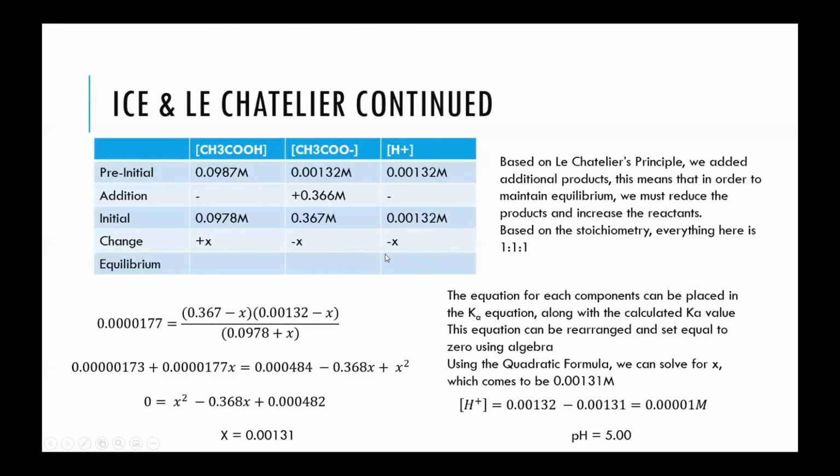Typically, only one of them would work because you're subtracting a value from this low concentration of H+, and if the x value is larger than that, you can't have a negative concentration. So if the x value is larger than what you're subtracting from, then that's not the correct x value, and it would be the other one.